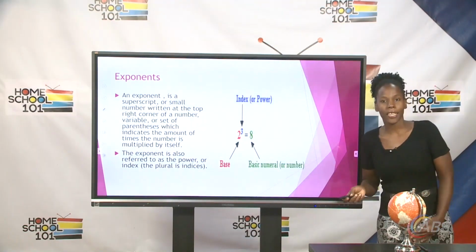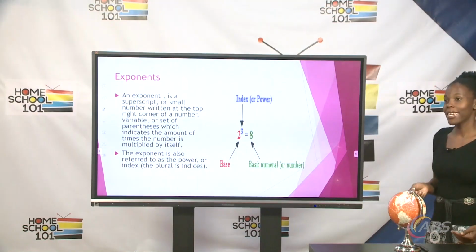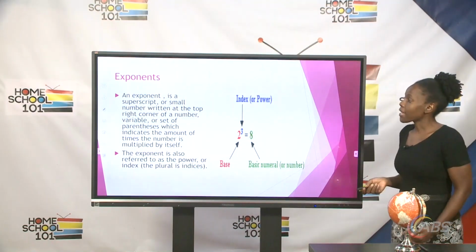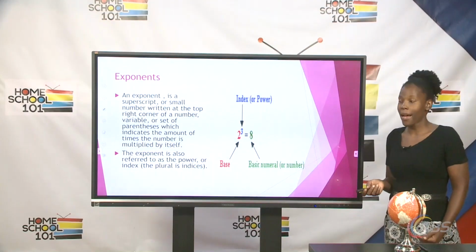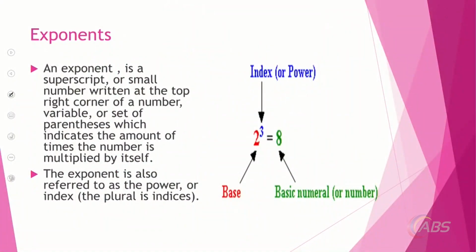So we will look at exponents and what exactly is an exponent. An exponent is a superscript or a small number written at the top right-hand corner of a number, a variable, or a set of parentheses, and it indicates the number of times the number is multiplied by itself.